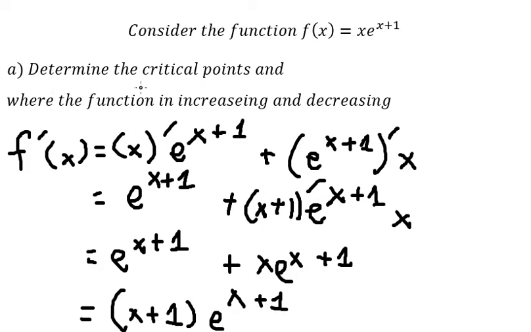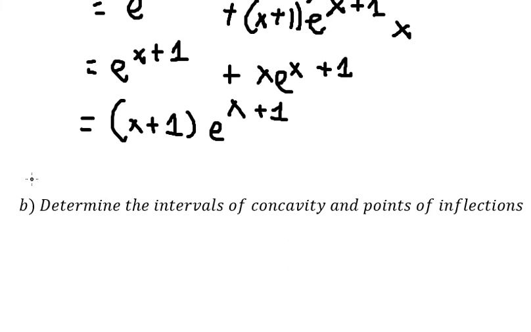Now, if we want to find critical points, we need to put the first derivative equal to number 0. So we have this one equals to number 0.